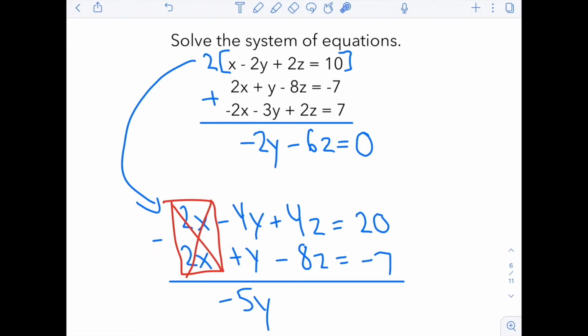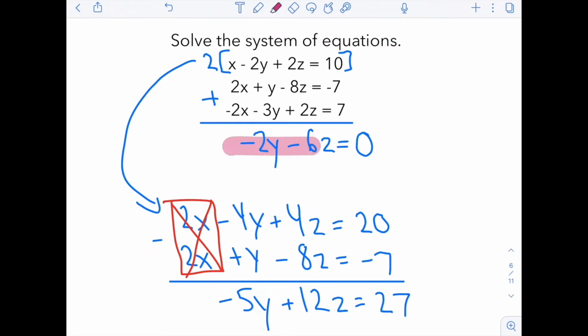And when you look at the z terms, we have 4z minus negative 8z. When you have a double negative, that becomes a positive. So it's basically 4z plus 8z, which is 12z. And the last part is 20 minus negative 7. So that's basically 20 plus 7, which is going to equal 27.